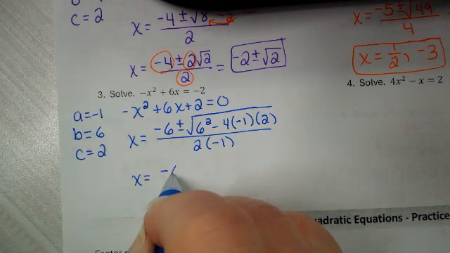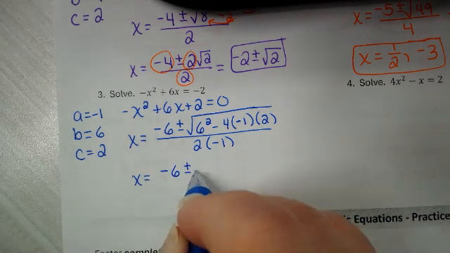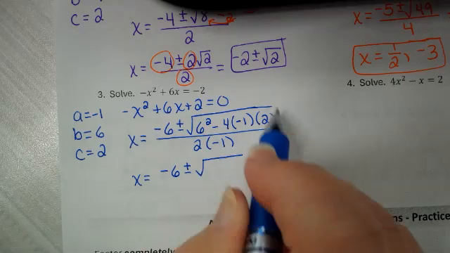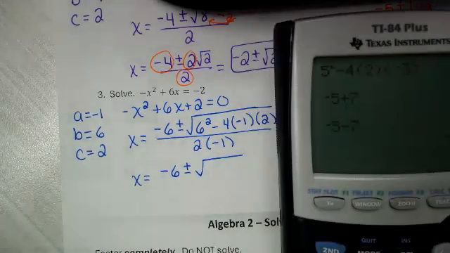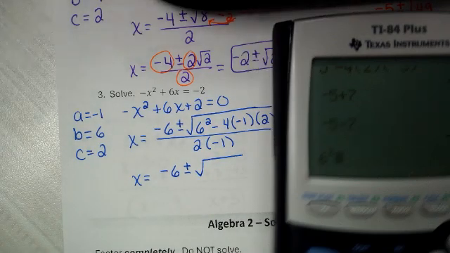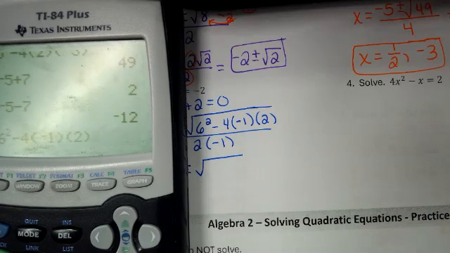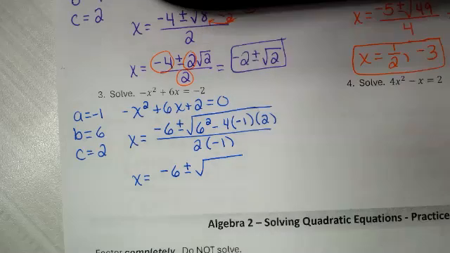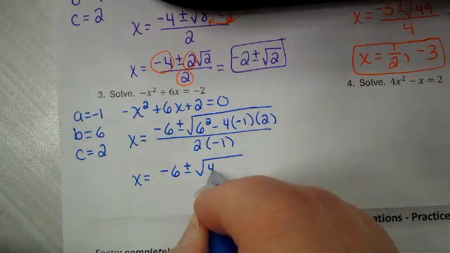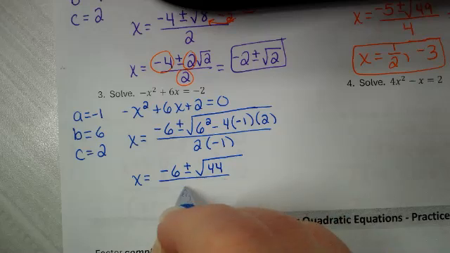So I've got negative 6 plus or minus the square root of whatever this is. Let's check it out. 6 squared minus 4 times negative 1 times 2 is 44 over negative 2.